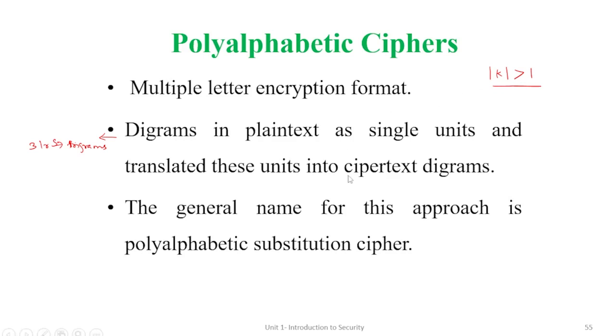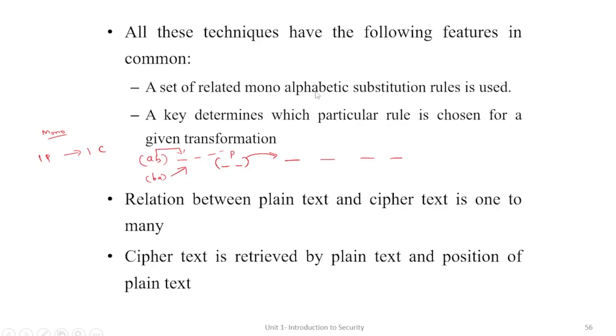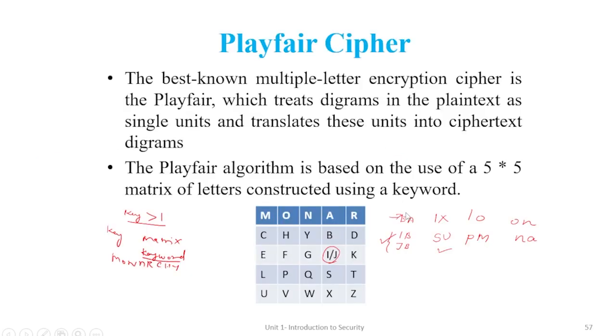But in a polyalphabetic cipher, we can use a key of more than one letter. So a general name for this is a polyalphabetic substitution cipher. All these techniques have this common representation: instead of a single ciphertext for a plain text, we can get many ciphertexts.